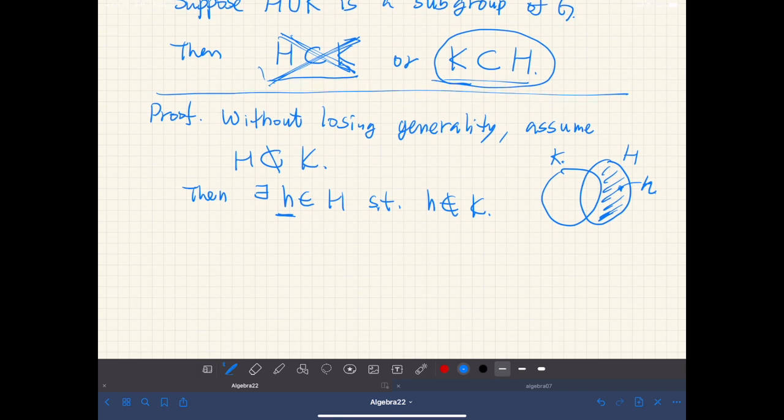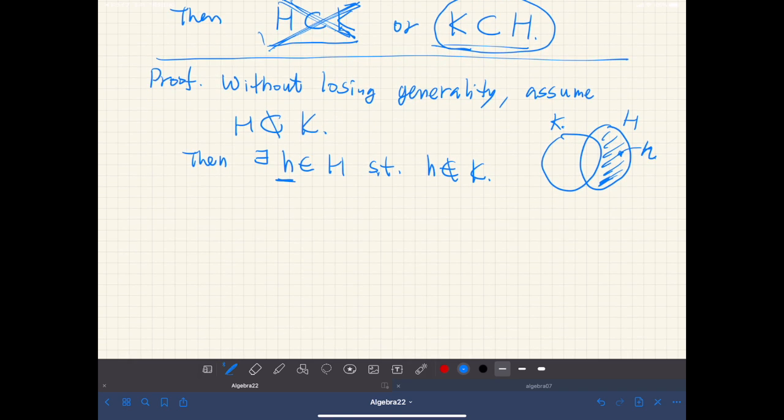So we need to prove K is a subset of H. To prove that, let a be any element in K. What we want to deduce is that a is an element of H. So this is our goal.